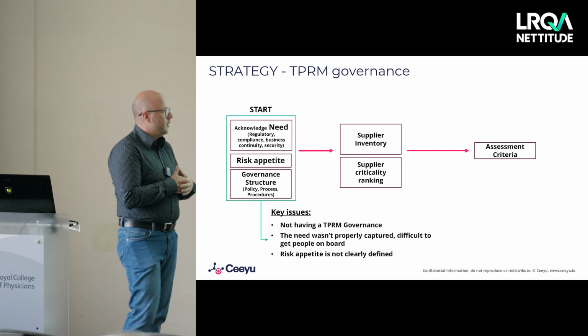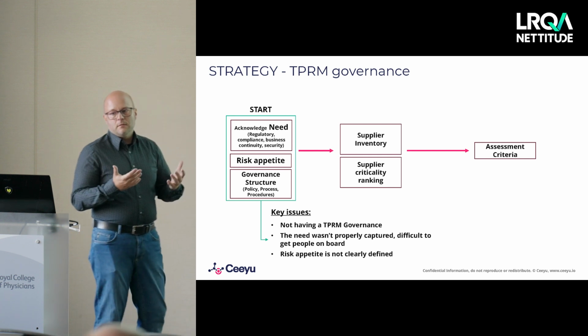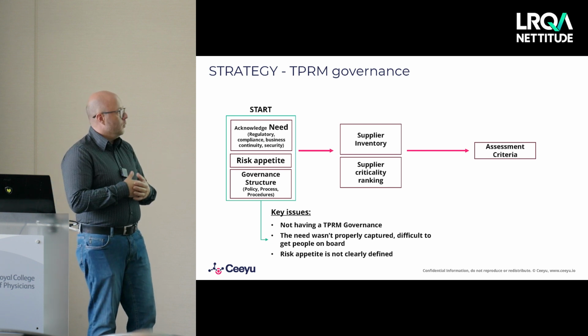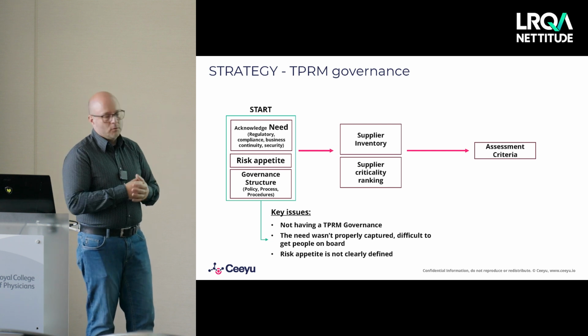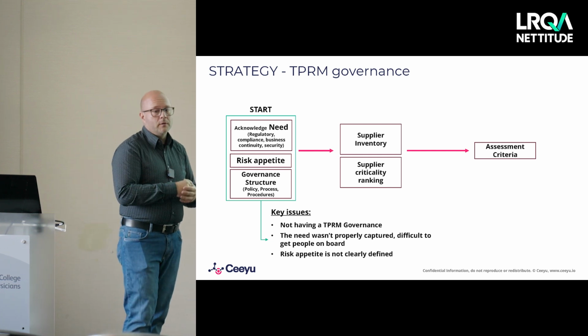Not having a TPRM governance in place will put you at risk of not having a good execution. You won't have that senior management backing, which you will probably need to convince internal business owners or suppliers.